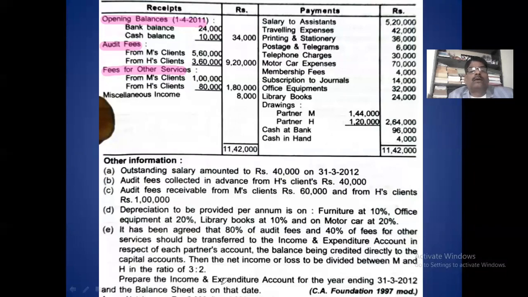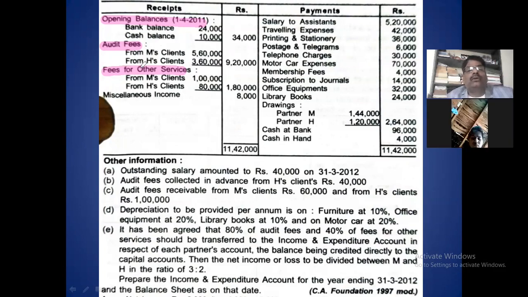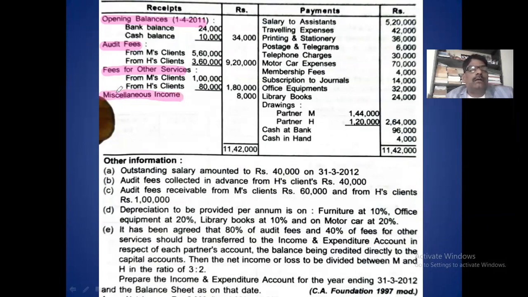You have to make adjustments for audit fee and other fees. If there is any advance, you adjust it, and outstanding you show separately. Clear? Miscellaneous income goes to the income and expenditure account credit side. So these three items go to the income and expenditure account credit side.